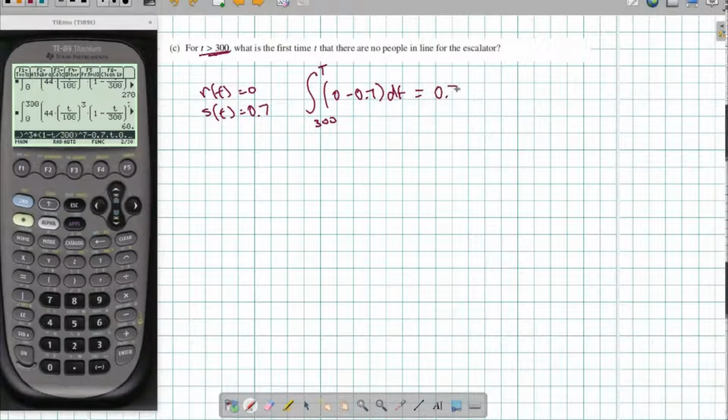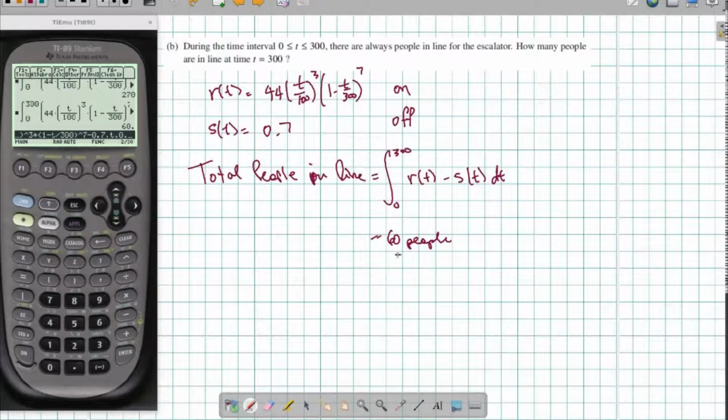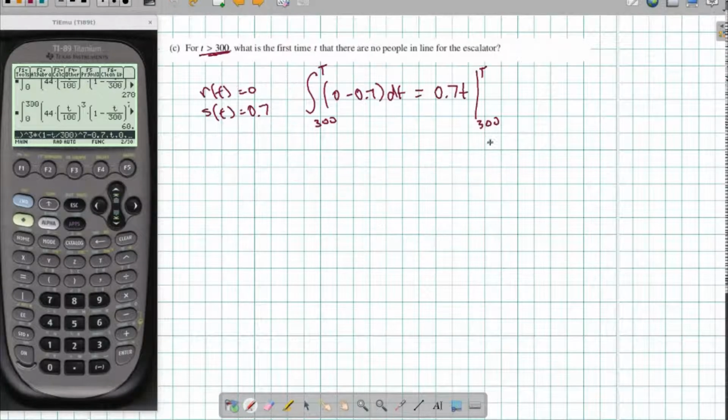Well, this is going to be 0.7 t, which I'm evaluating from 300 to t, and I want to know when this result is going to use up all of these 60 people that we had in line. So I want to know when this is equal to 60. So I've got 0.7 t minus 300 times 0.7, and I want to know when that's equal to 60.